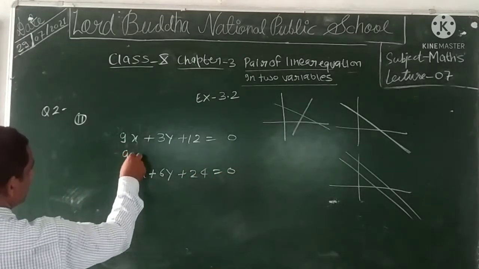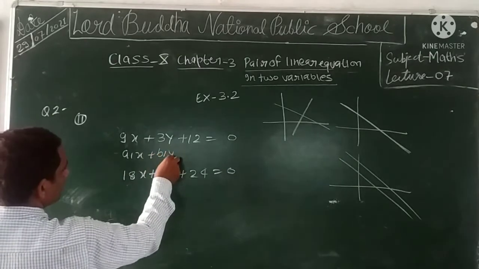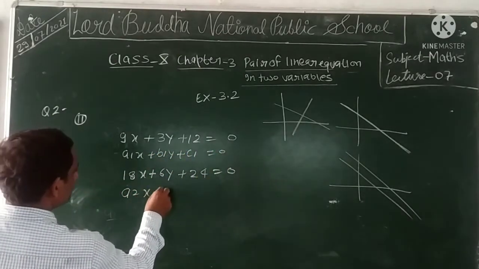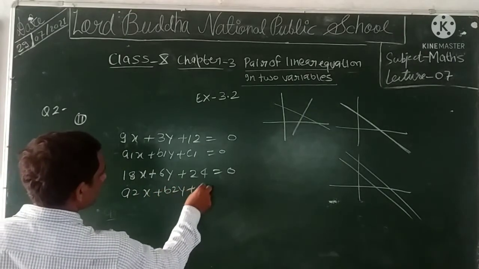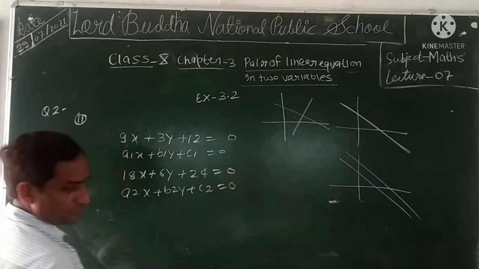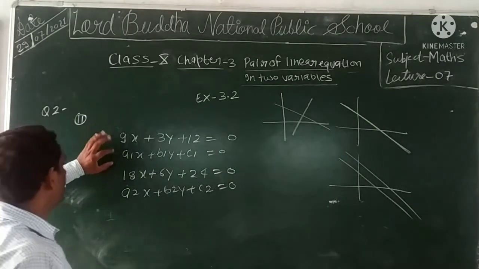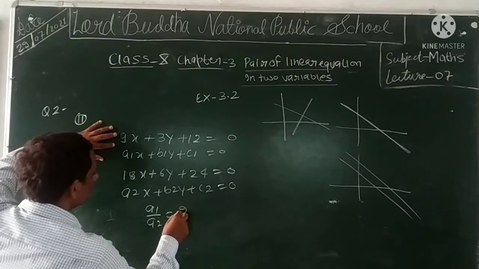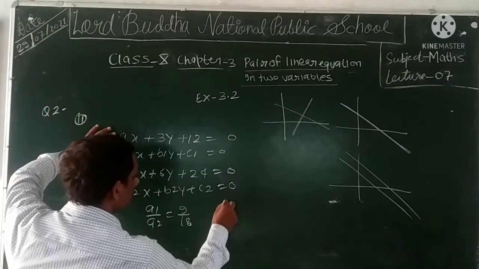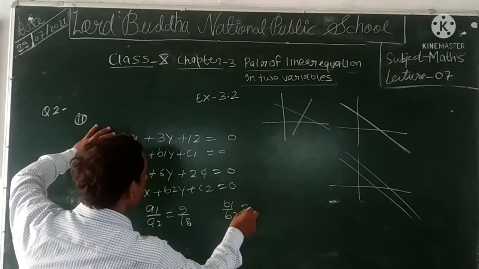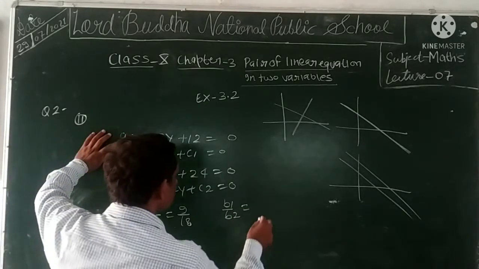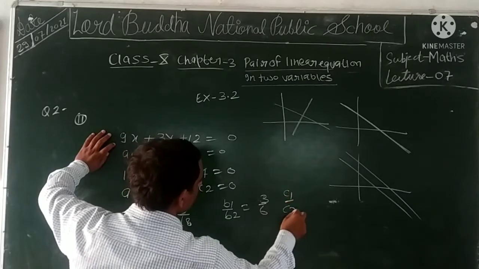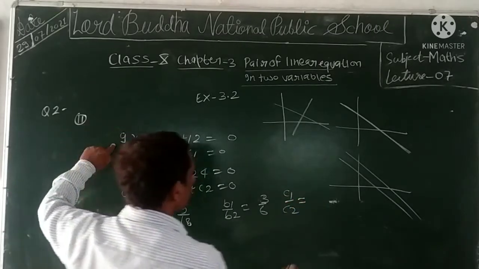Compare with A1x plus B1y plus C1 equal to 0, A2x plus B2y plus C2 equal to 0. A1 upon A2 equals 9 upon 18, B1 upon B2 equals 3 upon 6, and C1 upon C2 equals 12 upon 24.